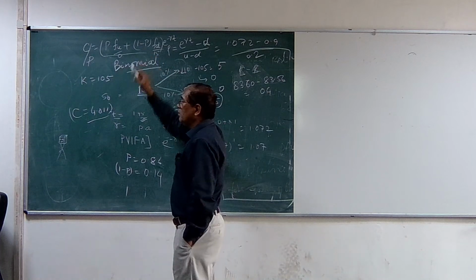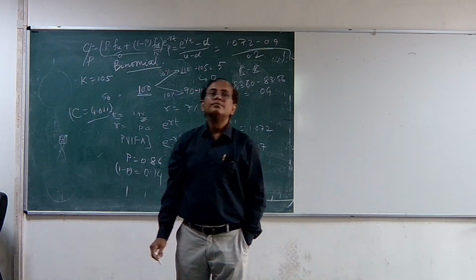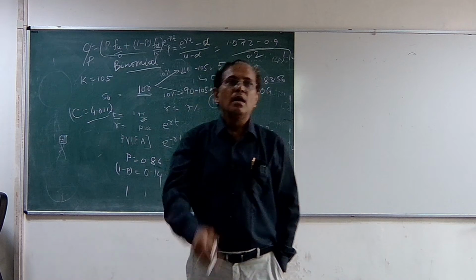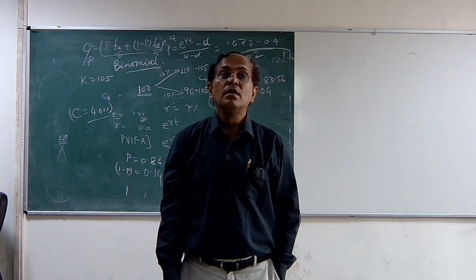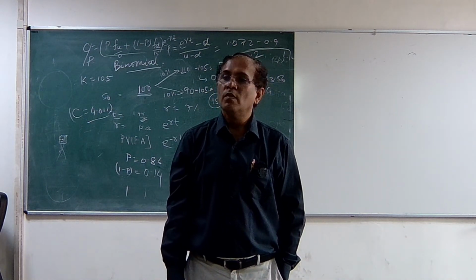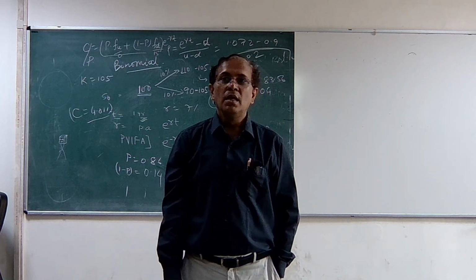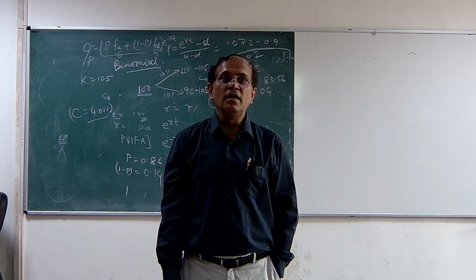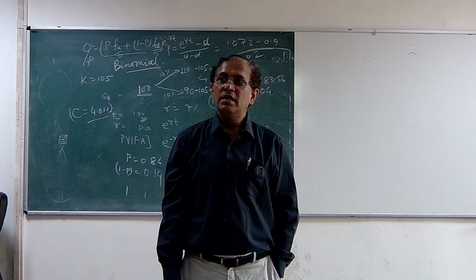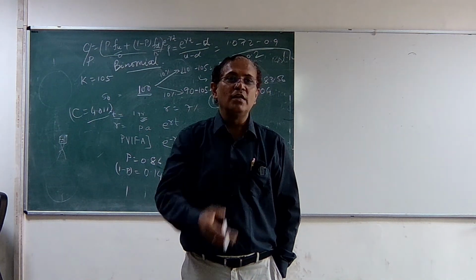15 into 0.14 is 2.1, and then 2.1 you can discount, and the discounting value you have already calculated is 0.98.